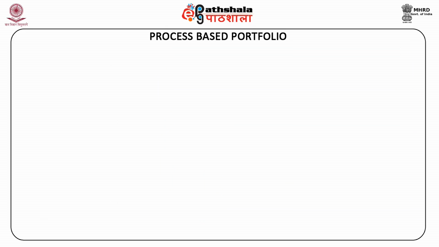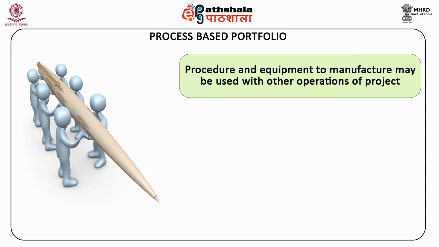process-based portfolio. In the case of process-based technology, the procedure and equipment to manufacture may be used with other operations of project with similar types of outputs, whether in existing or new projects.